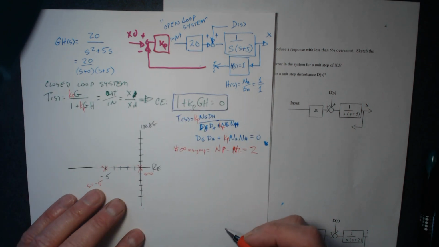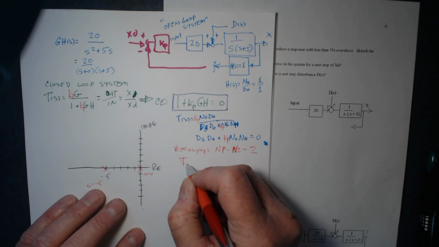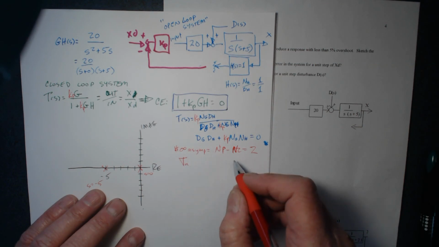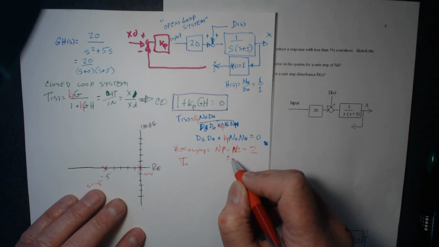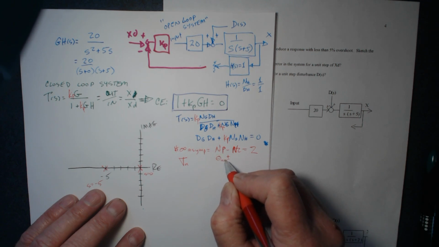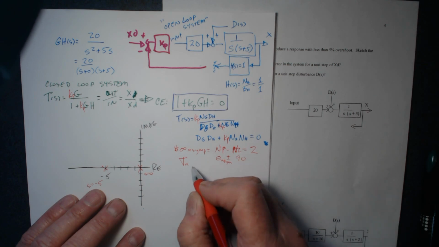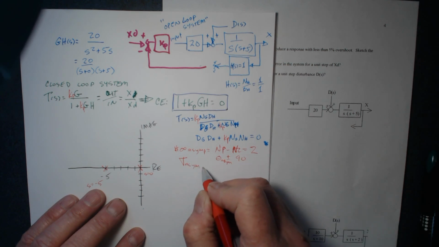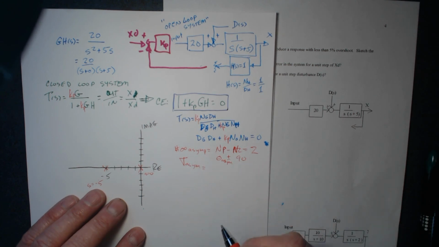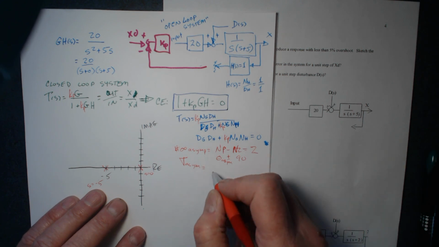All right. Since we know these are the asymptotes, the theta asymptotes are plus or minus 90 degrees, we might want to find out where the intercept point is. And there is a formula for that.